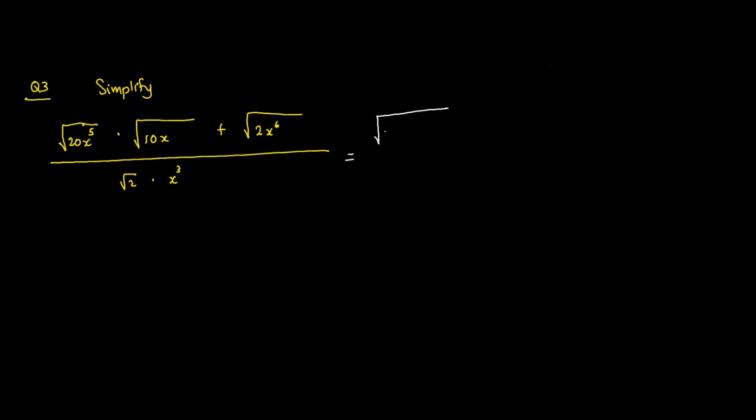So 20 times 10 is 200, and x raised to the power 5 times x raised to the invisible exponent of 1 is x raised to the power of 6, plus the square root of 2x raised to the power of 6 over the square root of 2 times x cubed.